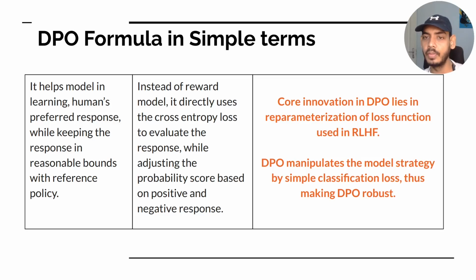The core innovation lies in the reparameterization of the loss function used in RLHF, and it manipulates the model strategy by simple classification loss, thus making DPO robust. So this is the basic idea: you introduce a loss function, and that loss function learns from human feedback and tries to optimize or fine-tune the large language model.